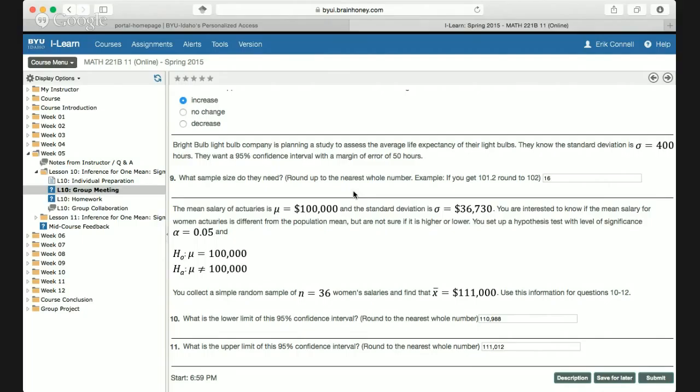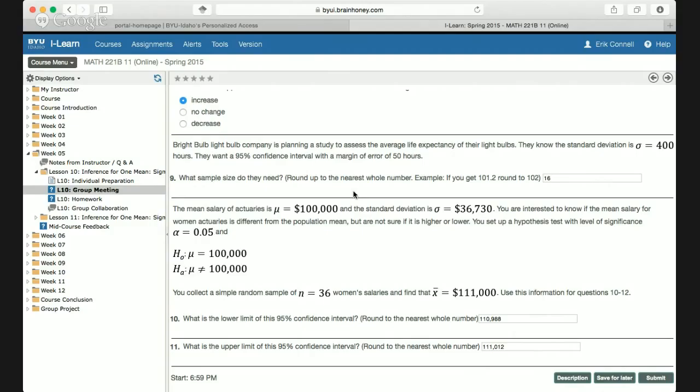Okay. So let's see, we want M to equal 50, right? So we would take the square root of that, right?